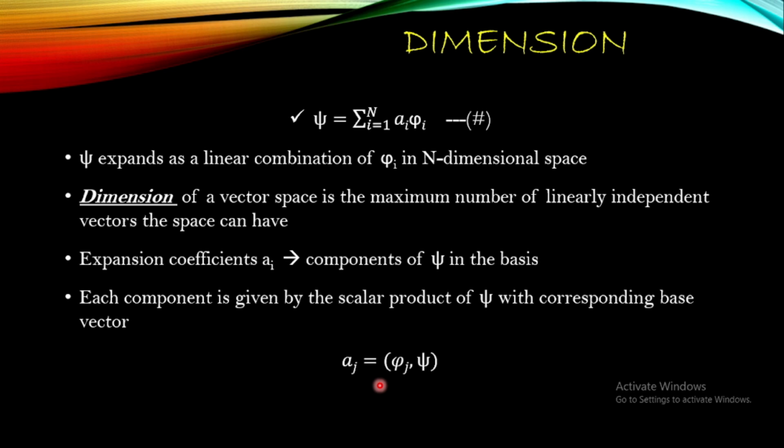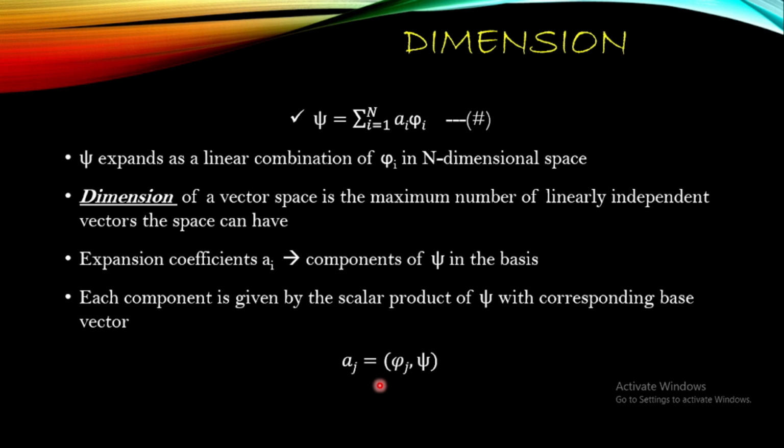So clearly we can say that a basis consists of basis vectors. These basis vectors form an orthonormal set, and the basis is also complete if it spans the entire space.